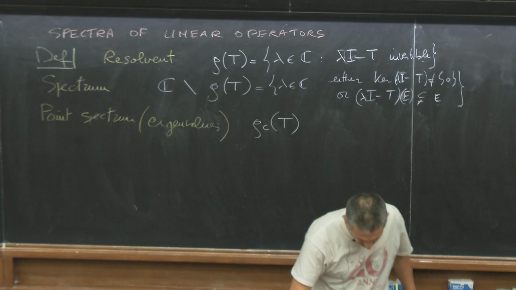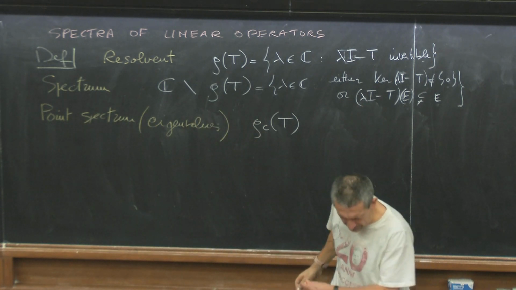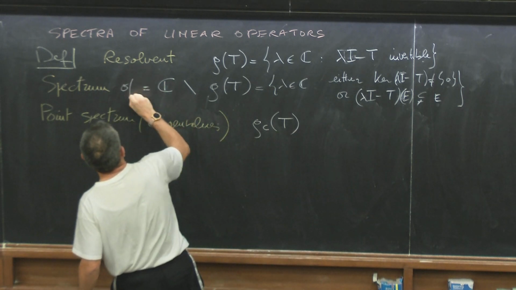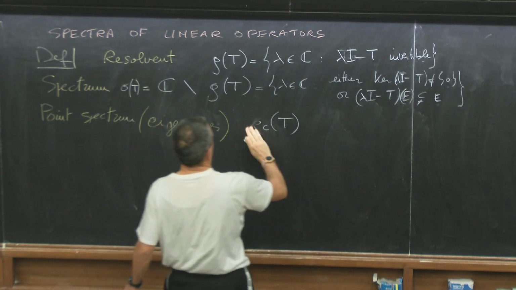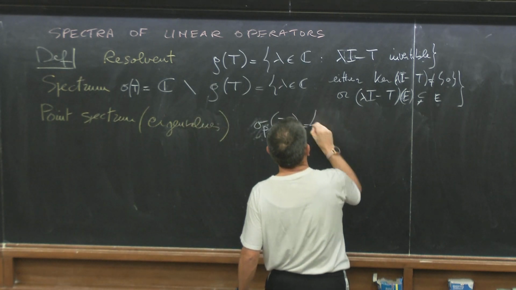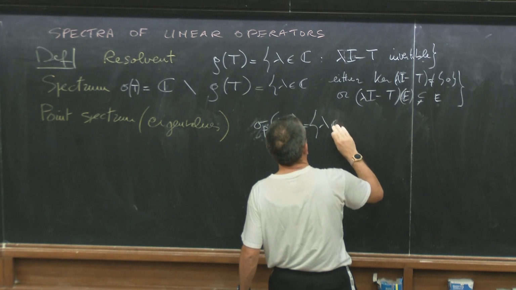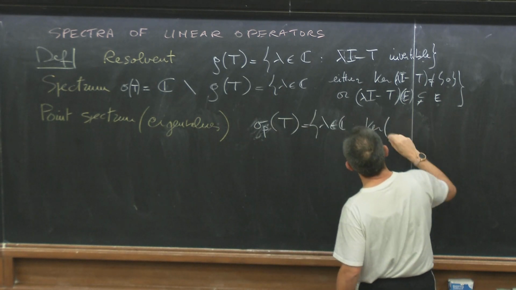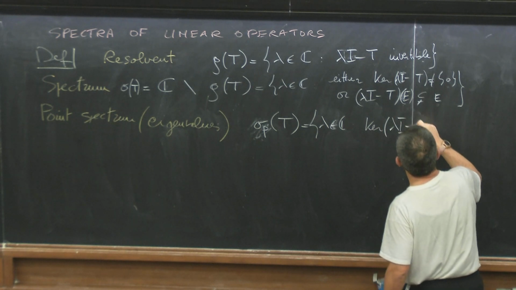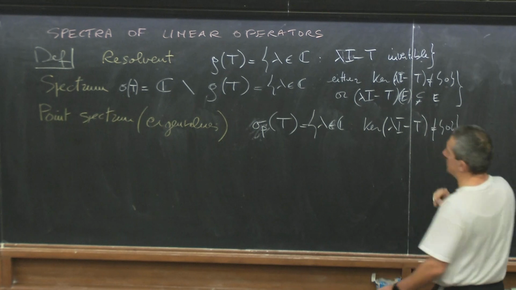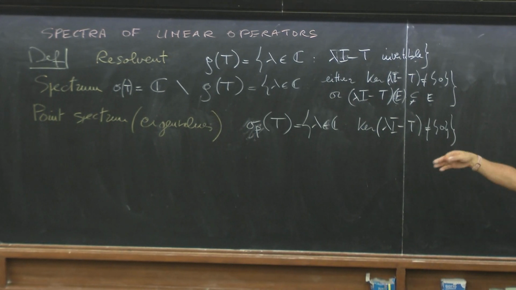Sigma of T is the spectrum, and this is sigma point of T: all the lambda in C such that lambda minus T is not injective. So it means that I have an eigenvector.